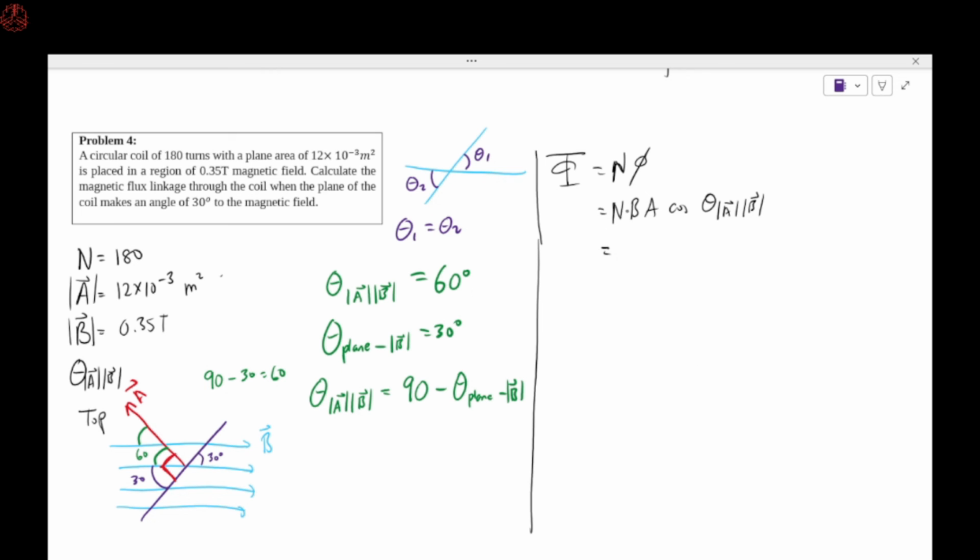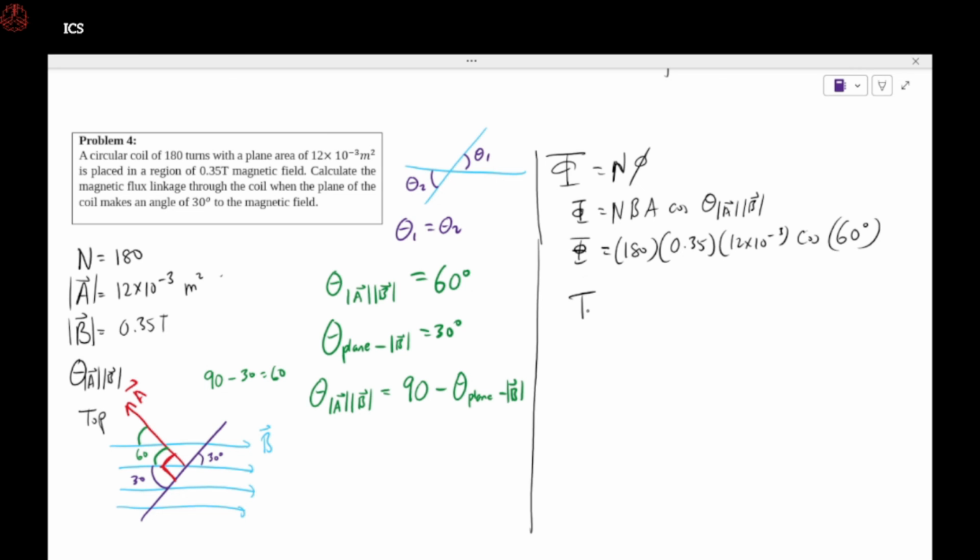So then I have 180 turns, my B is 0.35, my area is 12 times 10 power of negative 3, then cos of the angle between them, which is 60 degrees, right?